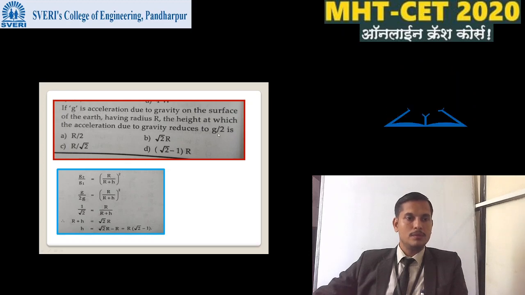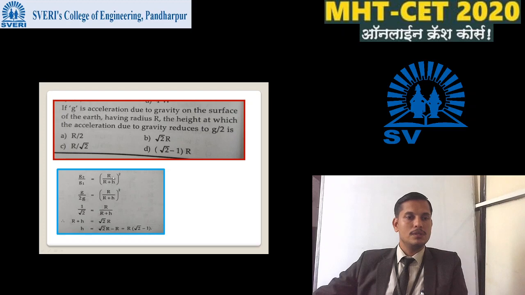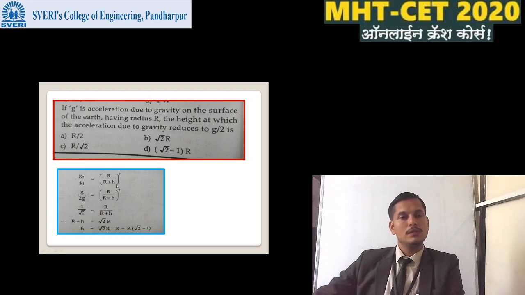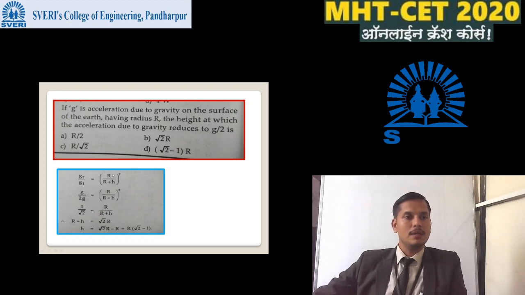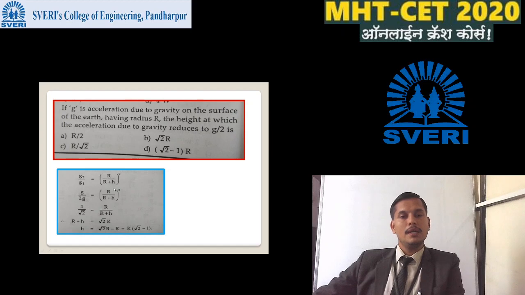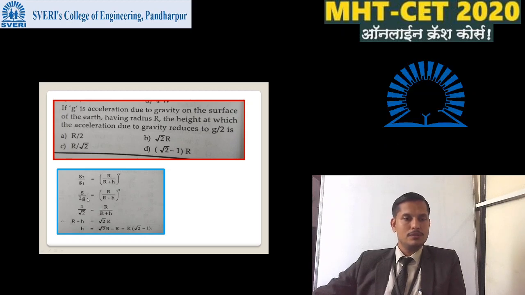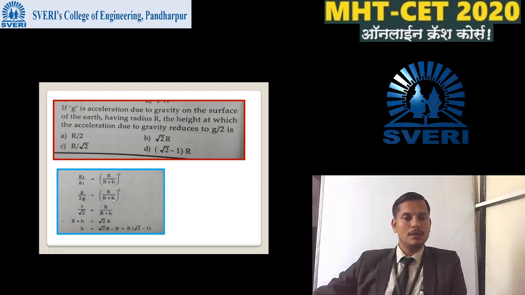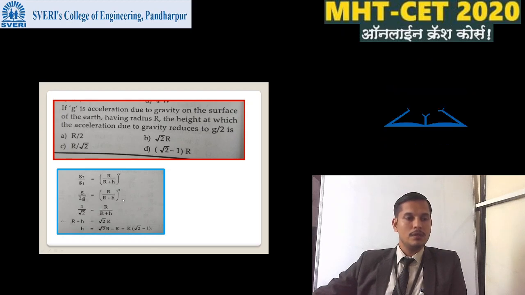As we have to determine the value of h, there is a difference between these two conditions, that is value of g at radius capital R and value of g at that particular height, which is g by 2. So we are writing this as g divided by twice g. Half second case means into 2 for first case. So g divided by 2g is equal to R divided by R plus h, its square.